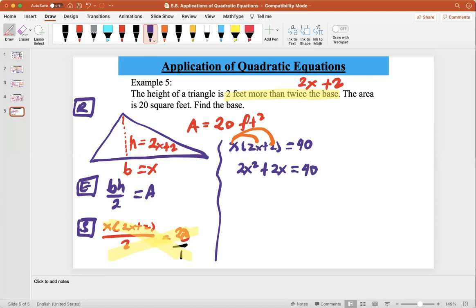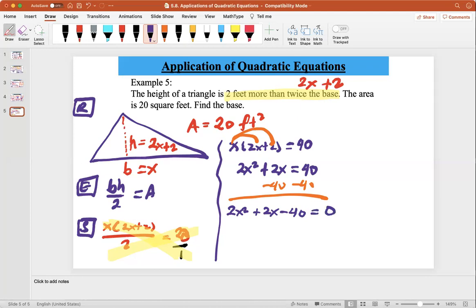Sorry, I mistakenly put a 4 there. Let's make the right side 0. This is minus 40, minus 40. None of them are like terms. So we have 2x squared plus 2x minus 40 equals 0.